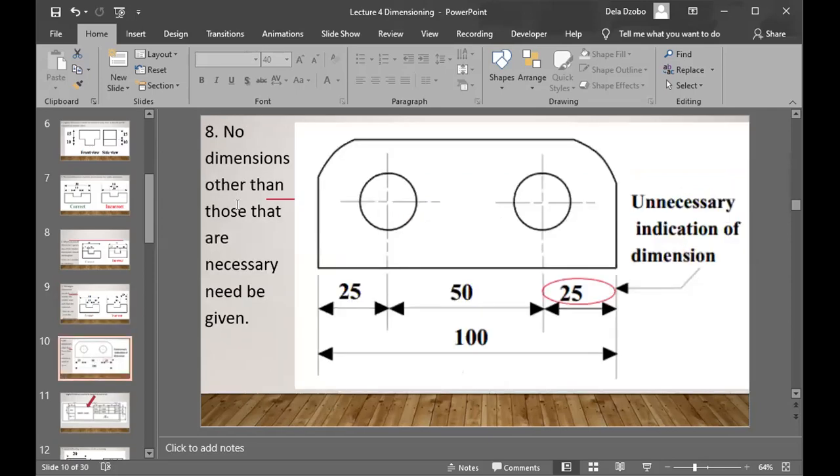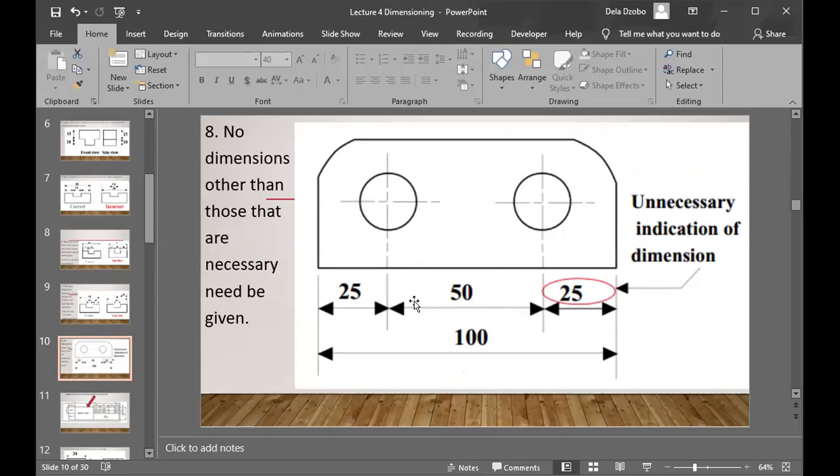Now, no dimensions other than those that are necessary need be given. If you look at this drawing closely, this dimension here, 25, helps you to know the distance between this side of the object and the center of this hole here.